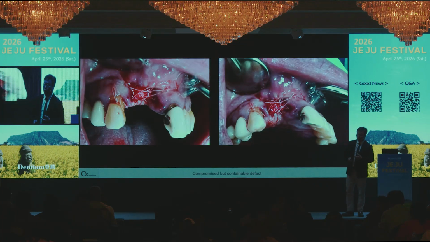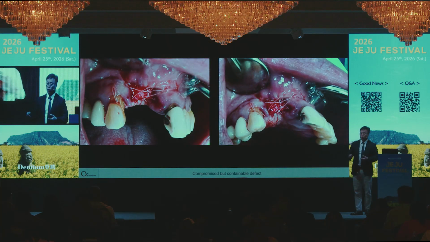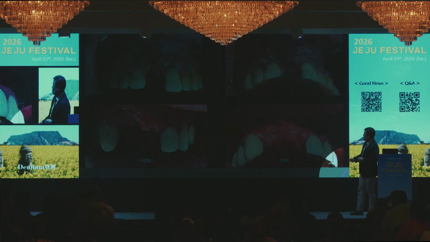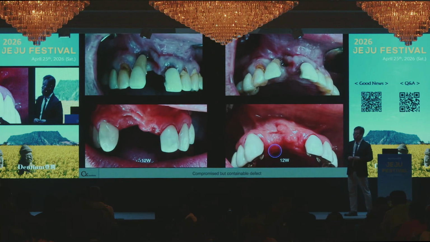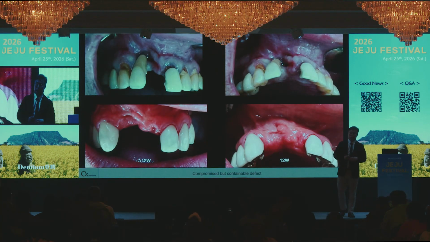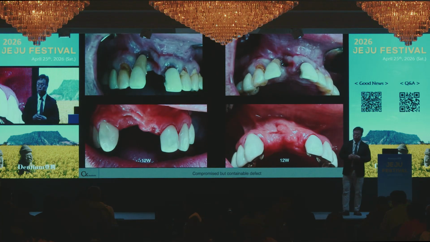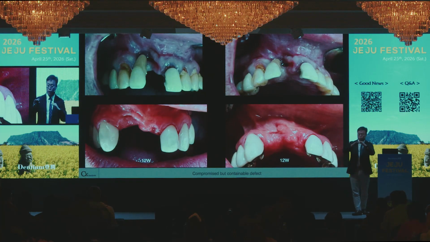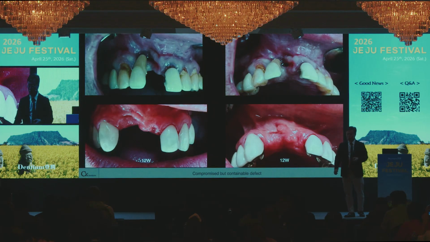And we found after 12 weeks, the simple immediate bone graft was ready for placing the implant. However, this patient never came again, because probably they went to some other dental office. But anyway, after 12 weeks, we can see the proper contour after implant removal.